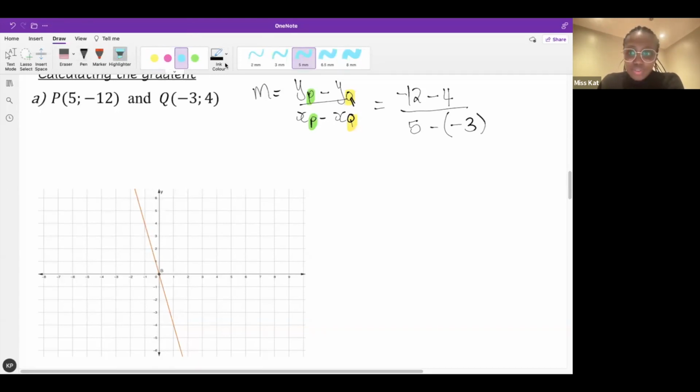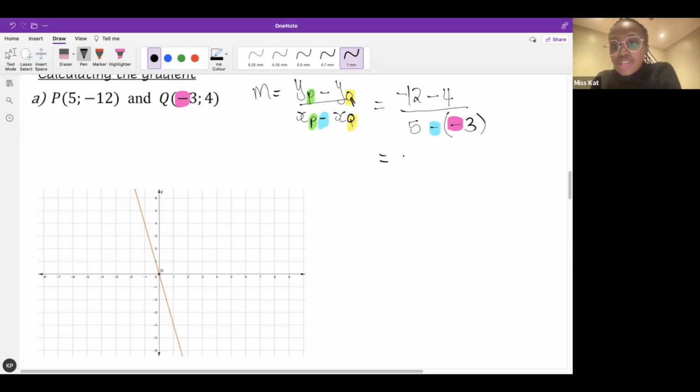This negative, this one over here, comes from the difference part, okay? But then we also have that negative, which comes from the coordinate. So in case anyone is wondering why there are 2 negatives there, the first one is from the coordinate, the second one is from the difference, the subtraction.